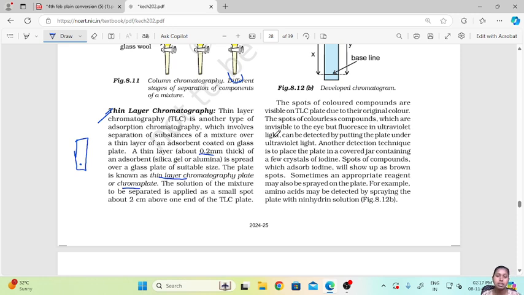By passing them to UV light, you can see them, and they can be detected by putting the plate under ultraviolet light. So using UV light also you can make out the points.